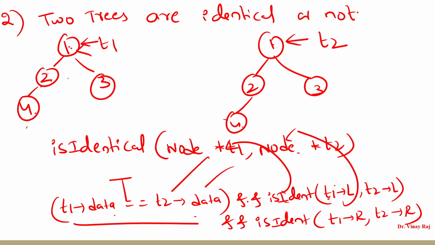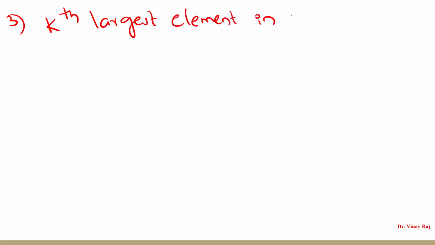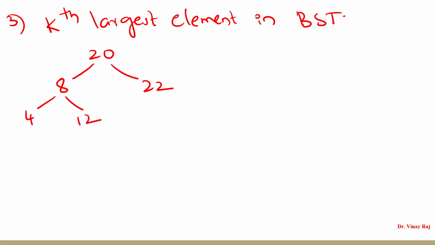Okay, now one more third interesting problem we have is finding the kth largest element in a binary search tree. So what is this problem? How do you find the largest element in the binary search tree? Suppose I have a tree 20, this side some 8, this side some 22, then I have here 4, this side I have 12, and here I have 10, and here we have 14.